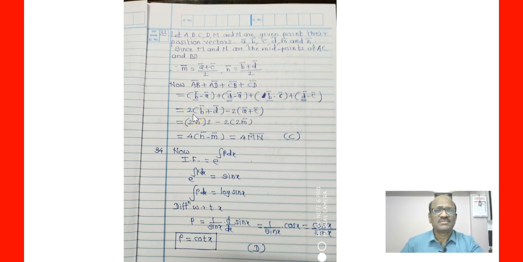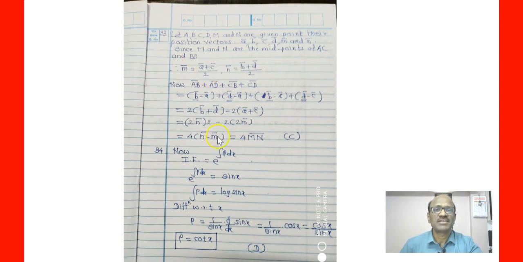Now take the terms B and D, both are positive, so they are 2 times. And what about A and C? They are negative. Take minus common, then you will get minus 2 in bracket A bar plus C bar. Now here again, A bar plus C bar upon 2 means m bar.